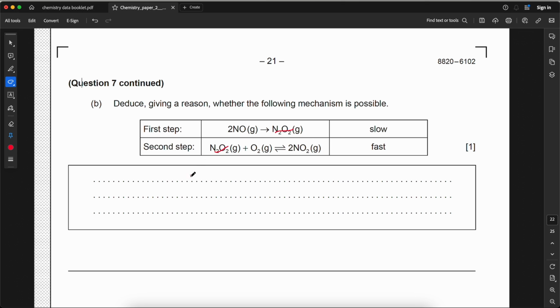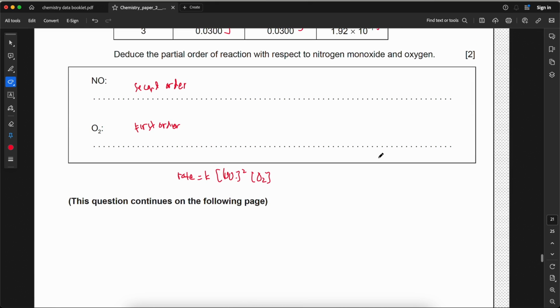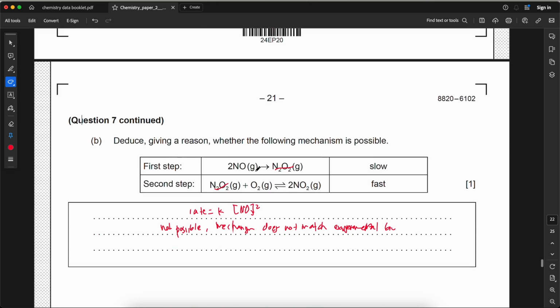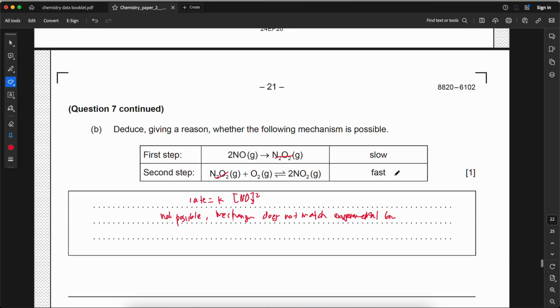Therefore, the rate will be k[NO]^2, but there is no oxygen, so it's not possible as the mechanism does not match the experimental rate law, because in the experiment we've got oxygen first order, but here oxygen is not counted because it's a fast reaction.